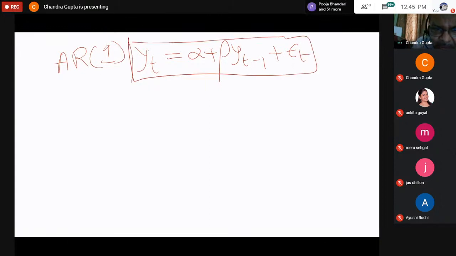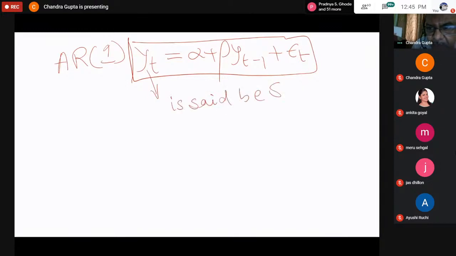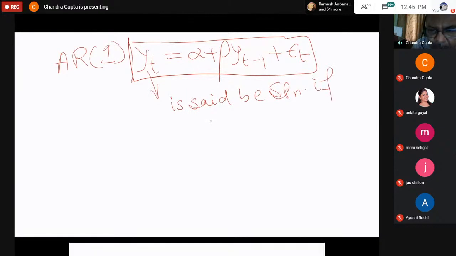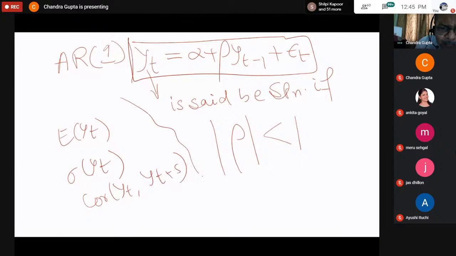A series Y_t is said to be stationary if the absolute value of rho is less than 1. Otherwise, the expected value of Y_t, the variance of Y_t, and the covariance of Y_t and Y_t+s may not be finite, and as a result the series will be a non-stationary series. So I think, Sujit, that's clear to you.